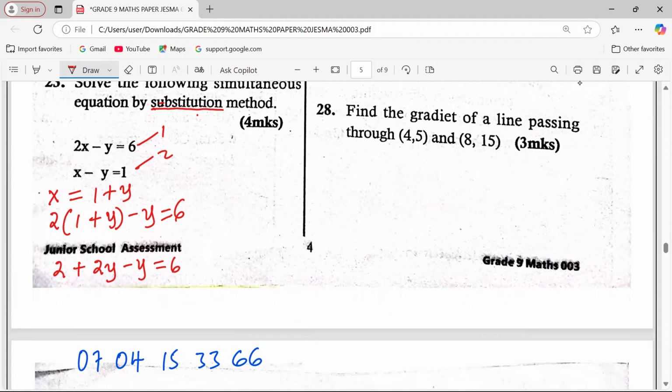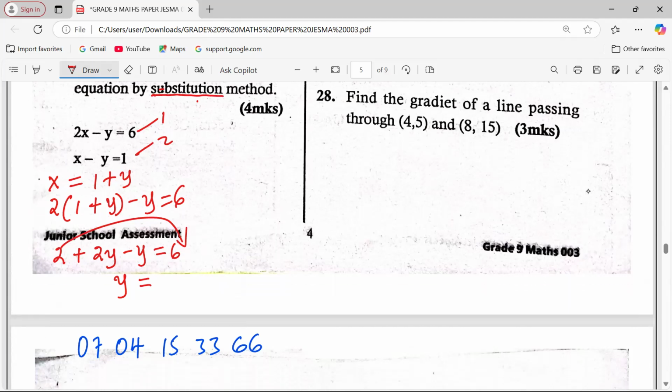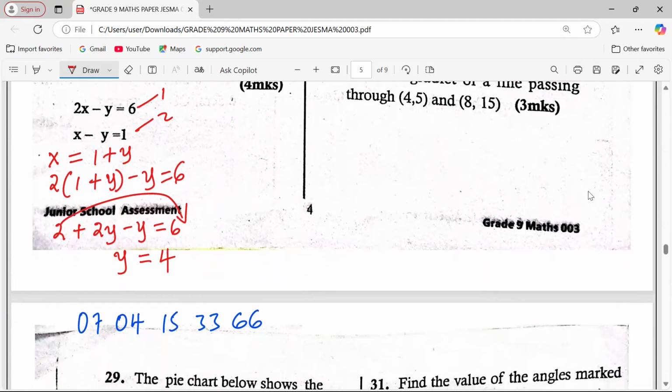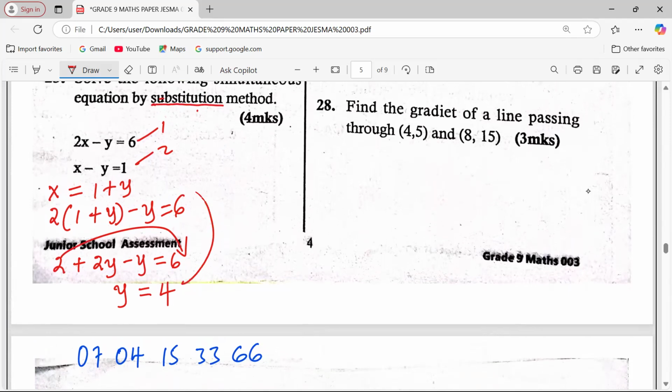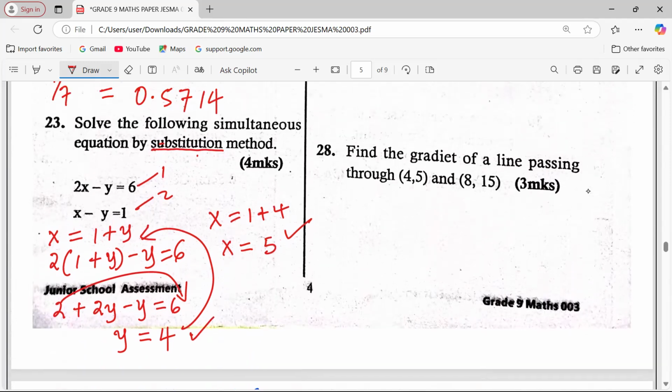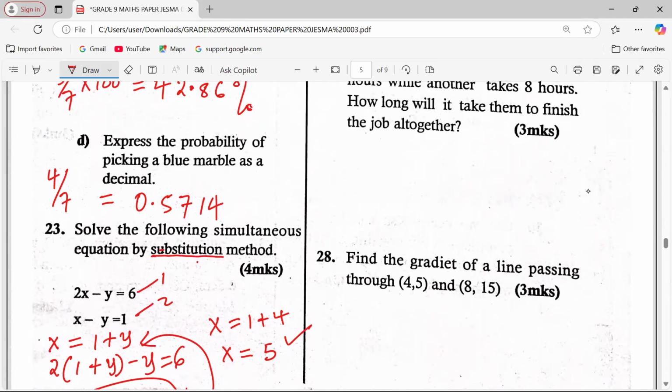Grouping of terms will give us 2y minus y, which is just y. And from 6, we have to subtract 2. So it will become a 4. So the value of y is 4. And remember, there is an expression to give us the value of x, whereby x is going to be 1 plus y, and y is a 4. So the value of x is 5. The value of y is 4. So we are done with solving 23.